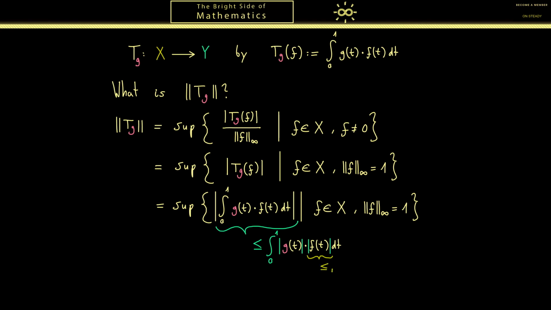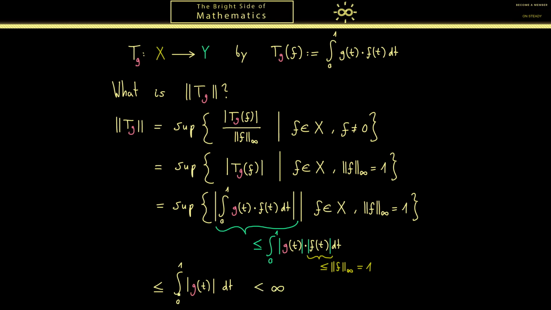However, this can't be bigger than the largest value, which is given by the supremum norm. Which means that we have here a constant and we already fixed that to 1. In summary, the supremum can't change anything anymore, so we know the operator norm can't be bigger than the integral of g. And we already know this is a finite number because we have a positive continuous function inside the integral. So indeed, this is a bounded operator.